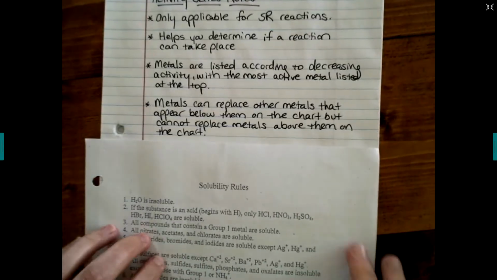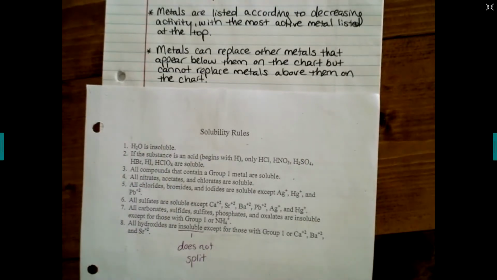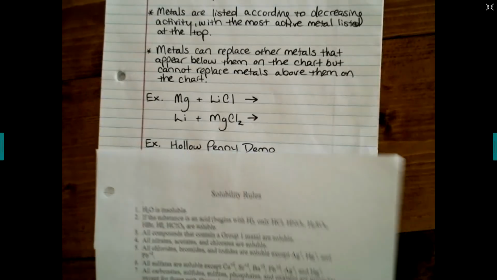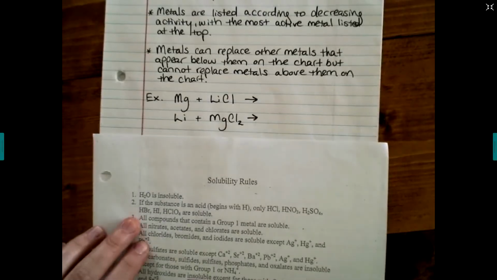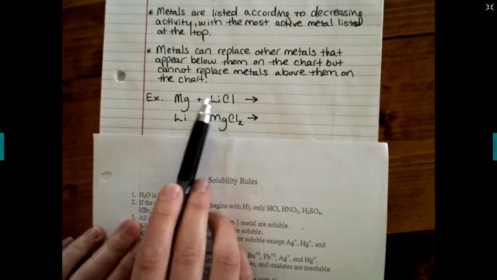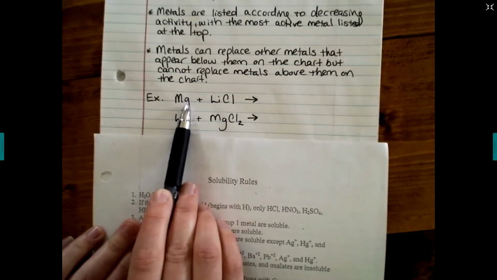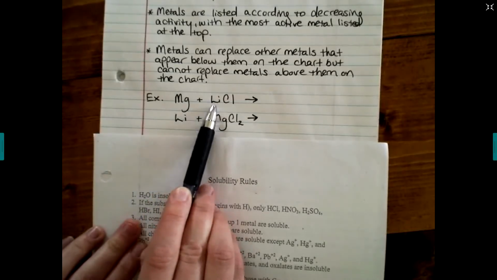And the way this works is that metals can replace other metals that appear below them on the chart, but they cannot replace metals above them on the chart. So to give you an example, I have two equations here, two single replacement reactions. In the first equation, we're trying to determine whether or not magnesium is reactive enough to replace lithium in this equation.